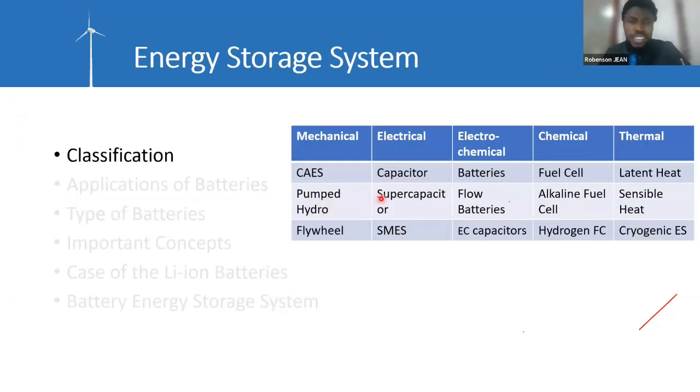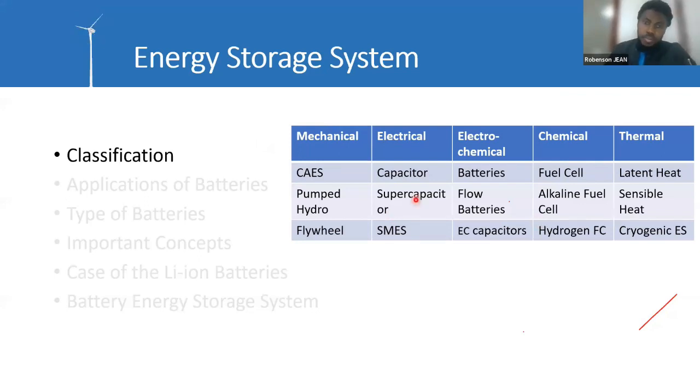Now, let's talk about energy storage systems globally. Globally, what is an energy storage system? The energy storage system is a set of equipment that we use in order to store energy, and the energy can be stored in different ways. That's why we can classify the energy storage systems into 5 main categories.